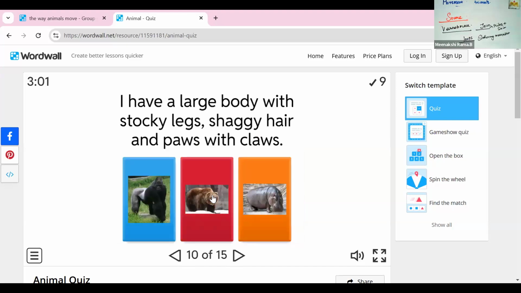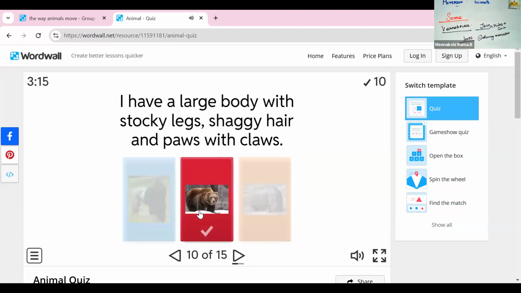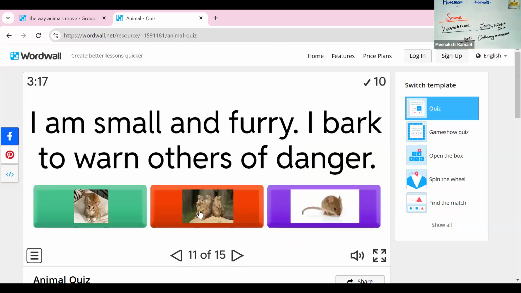I have a large body with stocky legs, shaggy hair, and paws with claws. Who is that? Yes, a large body with stocky legs. I am small and furry. I bark to warn others of danger.